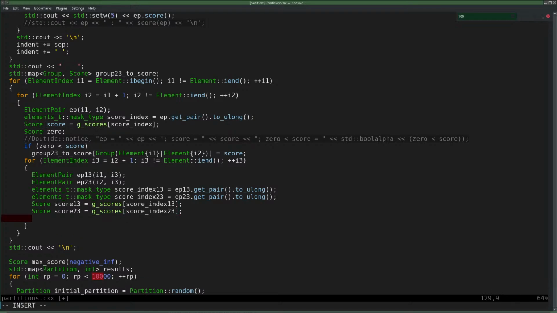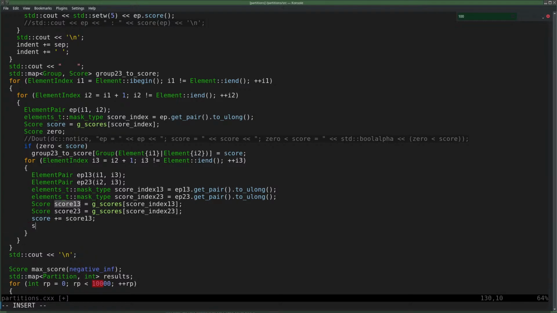And the score of the triplet is then... I have to add that to the score. Already processed score, so I can just add it. Like that.